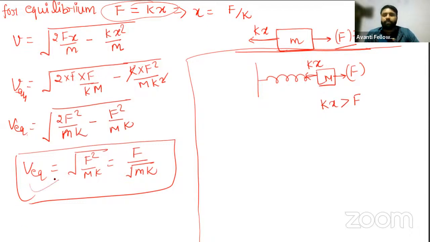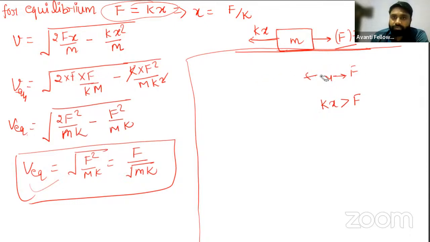This is the equilibrium velocity, and because of this velocity, the block will move further. And when will the maximum extension occur? When the velocity of the block becomes zero. The spring extends up to here, velocity becomes zero, then the spring will pull it back. So for maximum extension, you have to keep this in mind.